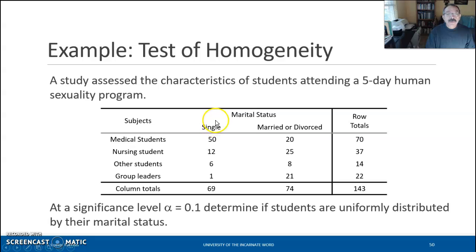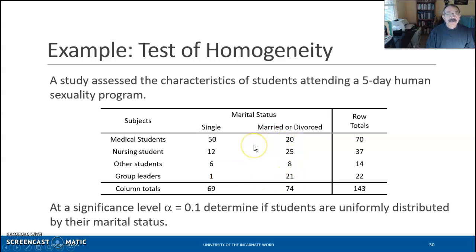And then we have 2 populations, those that are single and those that are married or divorced. As the question says, at this significance level of 0.1, we want to determine if students are uniformly distributed by their marital status. So we want to see if the proportion of each type of student that is single is similar to the ratio of the students that are married or divorced.